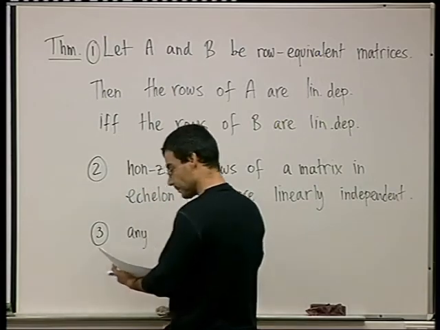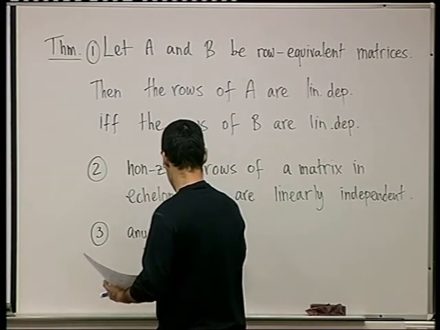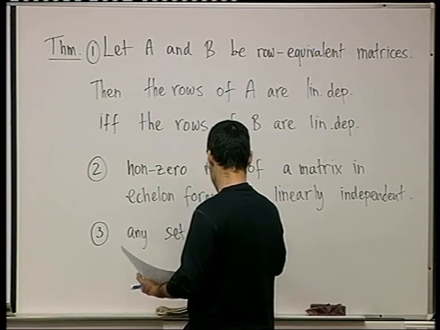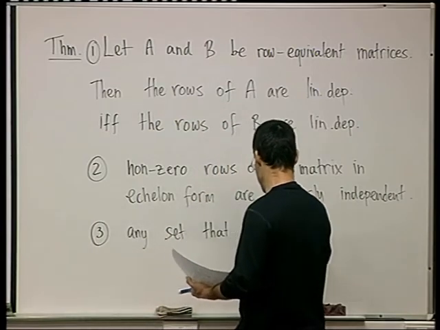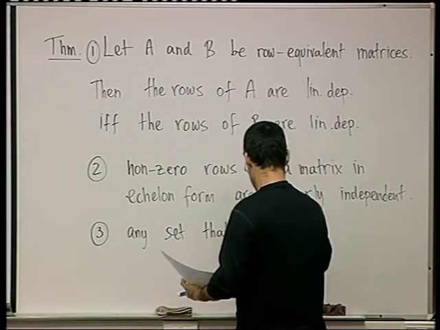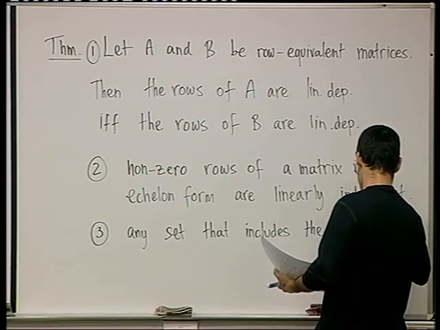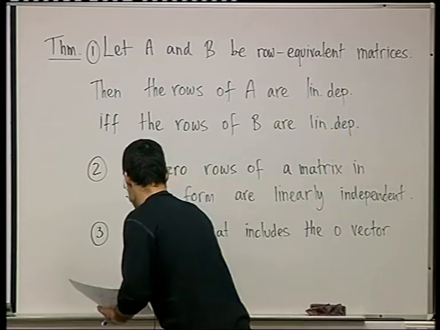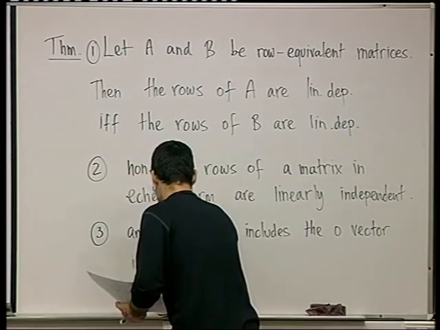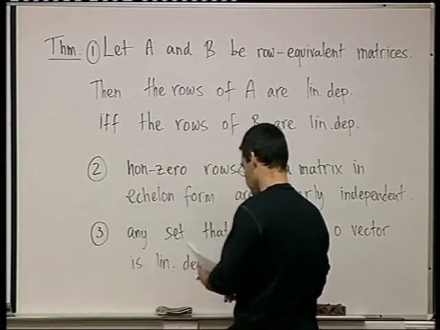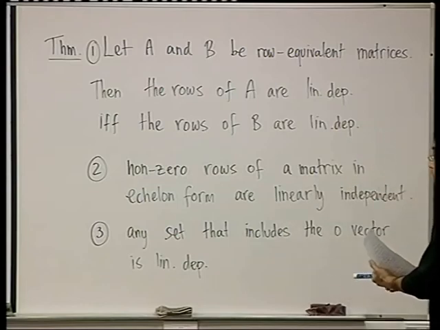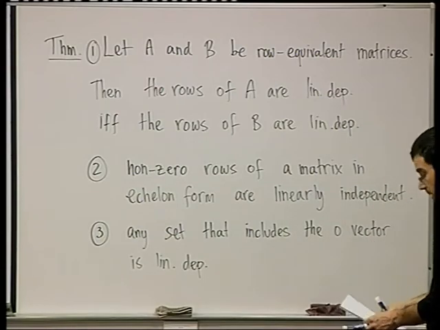Any set that includes the 0 vector is linearly dependent. So we'll probably prove 3 in the next lesson.